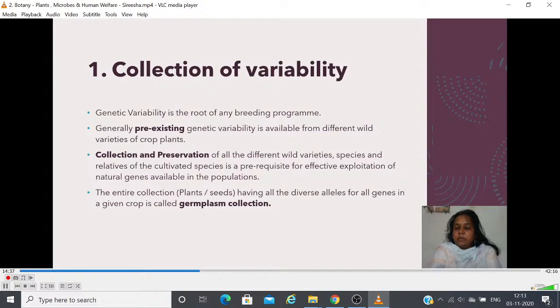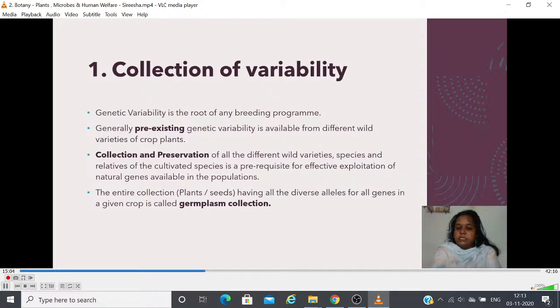So here we are collecting the plants or the seeds with the diverse alleles of genes. Means the composition of the genes having all the required genes. That is, the quality of the genes is high, like we require a big size grain, and maybe we don't require more number of leaves, or like that. Whatever the qualities we require, there is a change in the genes.